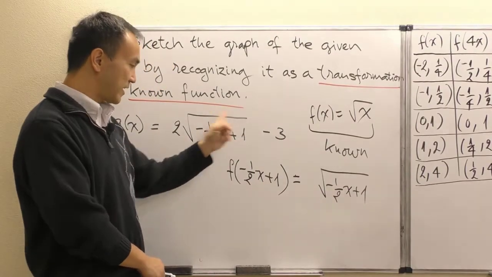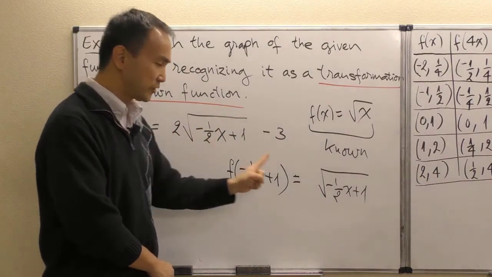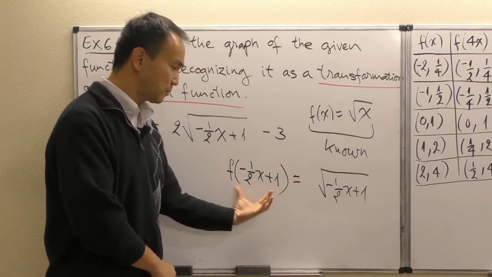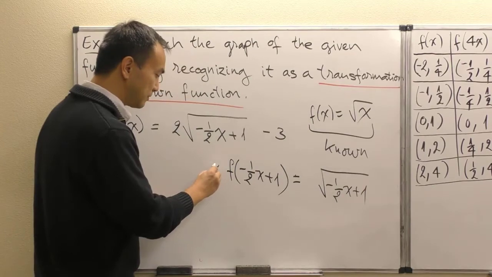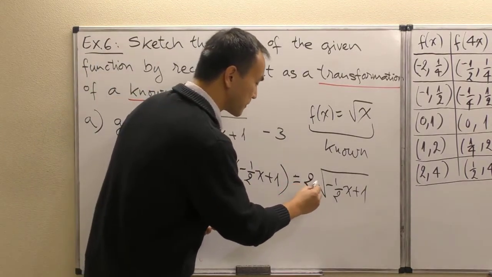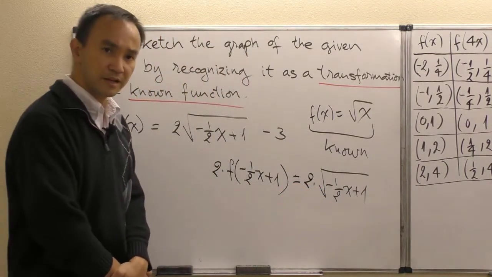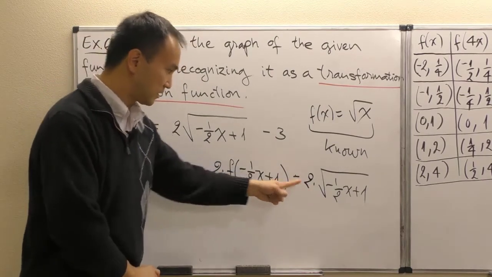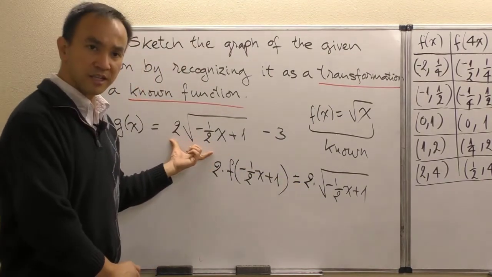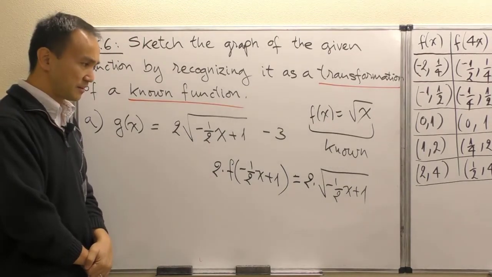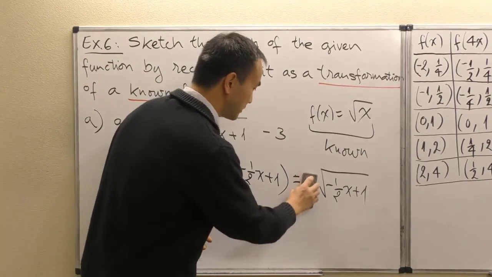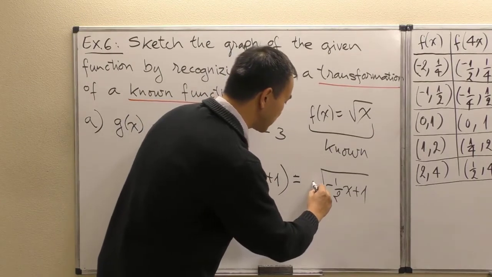This function g of x outside the square root has a 2. At this point, we don't have a 2. So think about it. It just easily multiplies a 2 in front of the function. And that will give us that expression that looks even closer to the expression of g of x. Okay? Now I'm running out of space here a little bit.